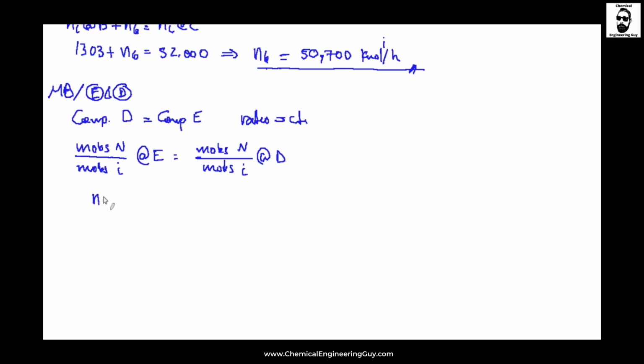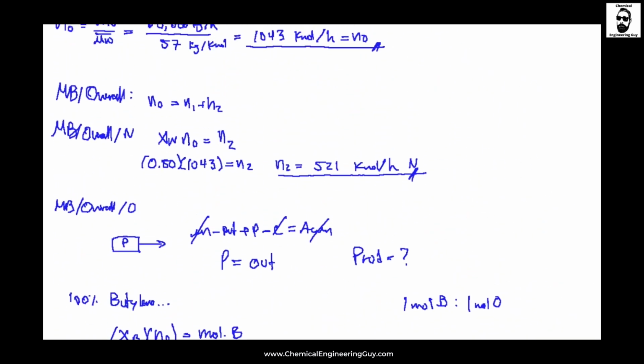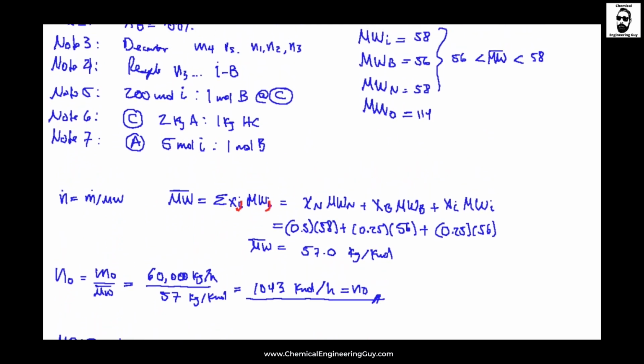So N5 divided by N6 should be the same as N2 divided by N3. What's this? Moles of N in E divided by moles of I in E equals the same moles of N divided by the moles of I in D, guys. So what do I have here? I have N2, I think. N2, where is it, guys?